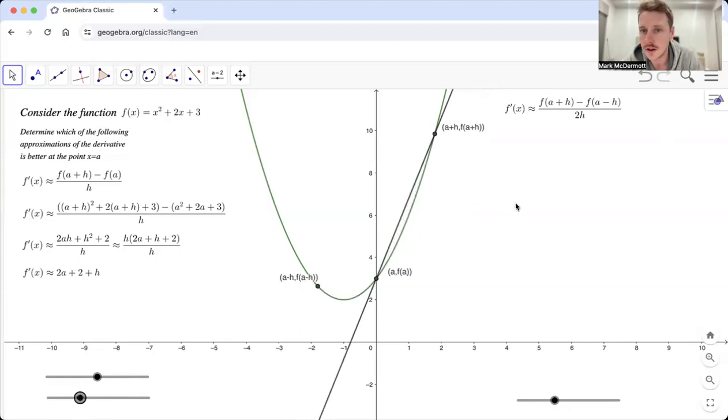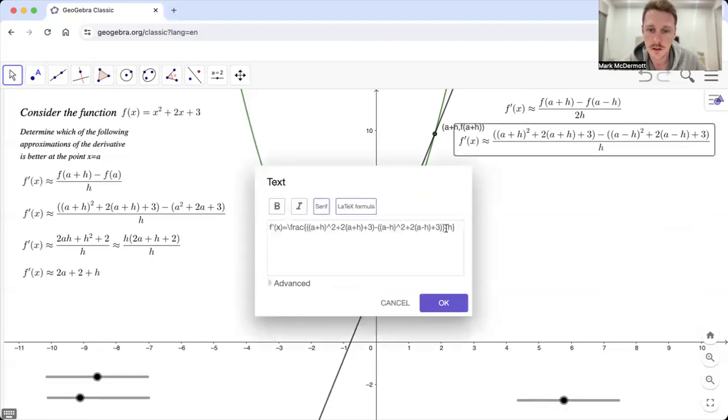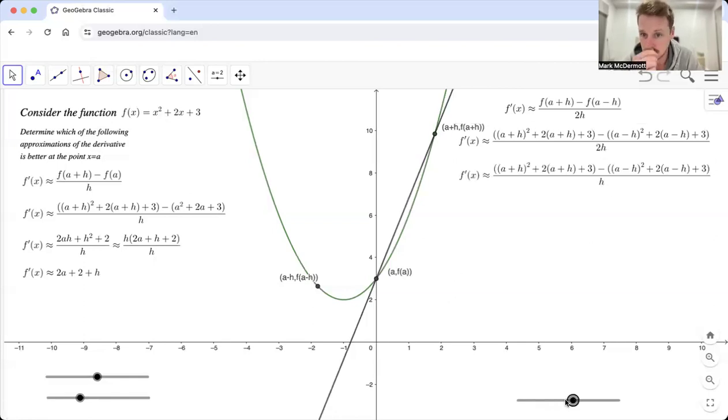Let's have a look at this approximation over here, and see what happens. Again, you're going to get this beast of a numerator, substituting in f of a plus h minus f of a minus h, where this is your function, all over 2h.